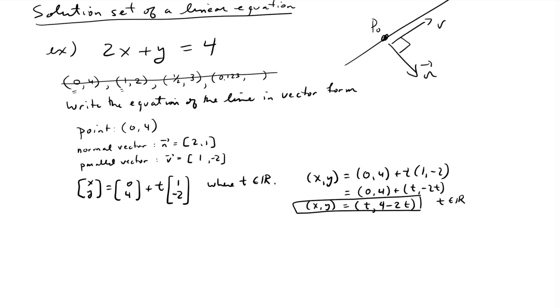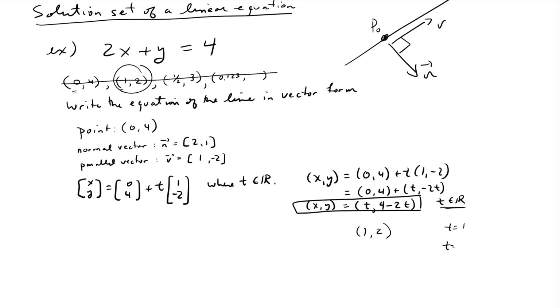So by writing it this way, you see, it sort of lists all the possible solutions, because give me a value of t, I can generate a specific point. Give me another value, I can generate another point. So you see all the points I had up there, I can generate them, right? If I set t equals to 1, then I get (1, 2), which was the point I got there.